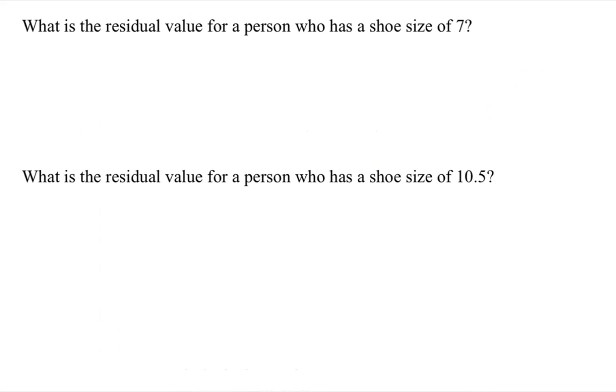So now how do we find the residual value for a person who had a size 7? And that'll be my residual. So we need 2 things, right? To find the residual, we need 2 things. We need the actual and we need the predicted.